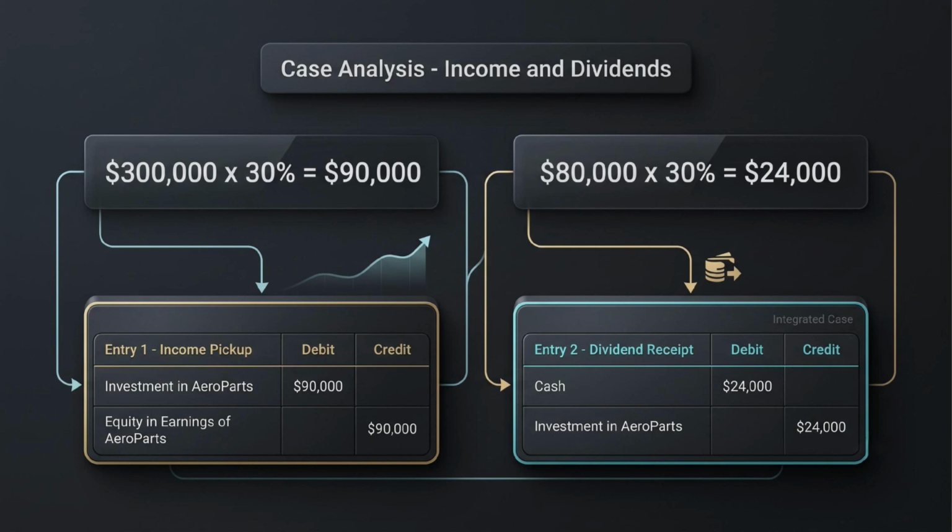AeroParts pays dividends of $80,000 and Vertex's share is $24,000. The dividend entry is debit cash for $24,000 and credit investment in AeroParts for $24,000. Again, dividend is not income under the equity method, it reduces the investment.